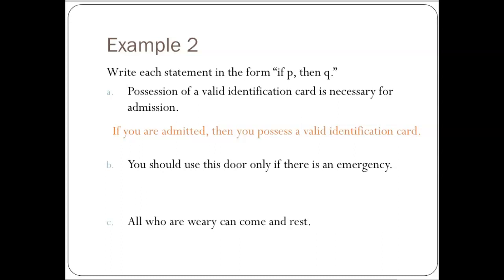All right, you should use this door only if there is an emergency. All right, so this one we would say, so determine which one is your antecedent. So if you should use this door, then there is an emergency.